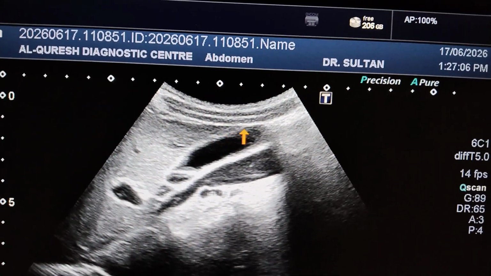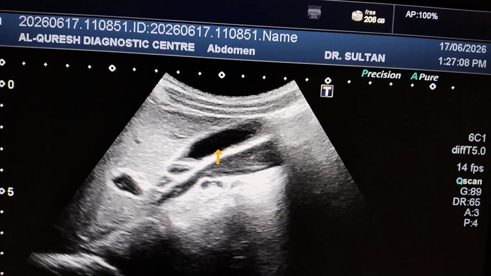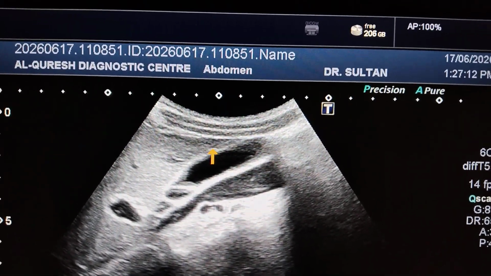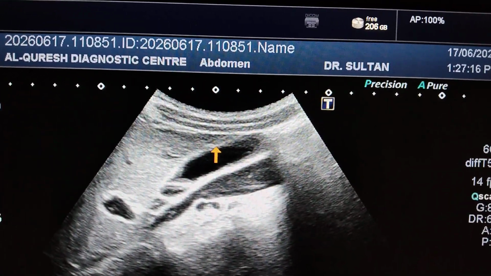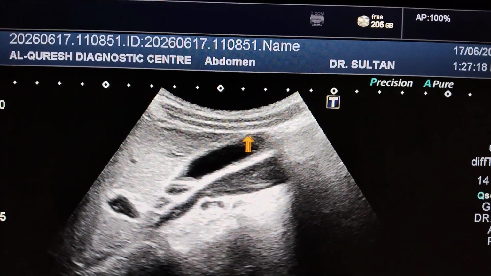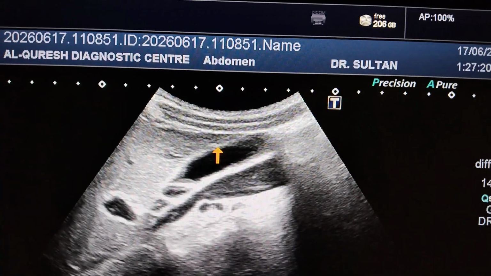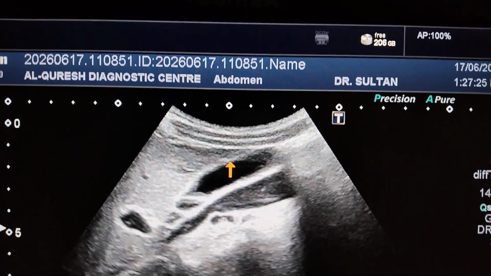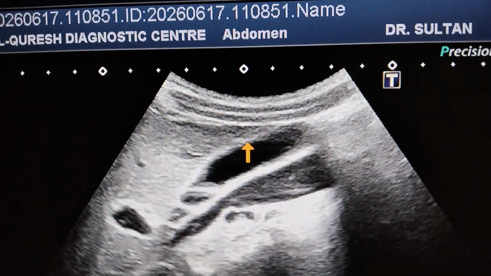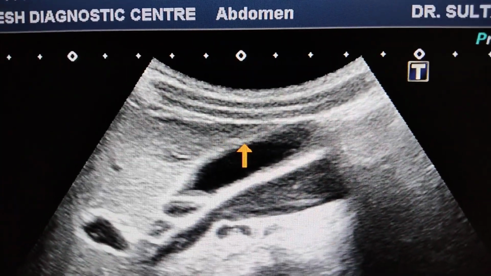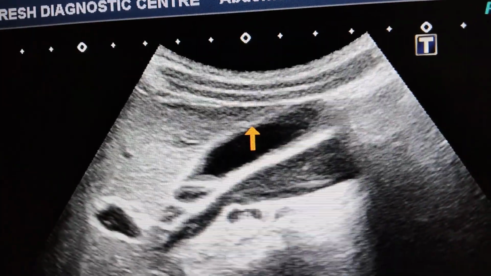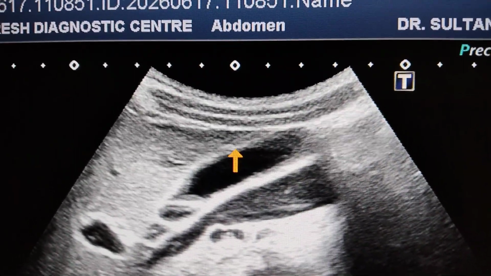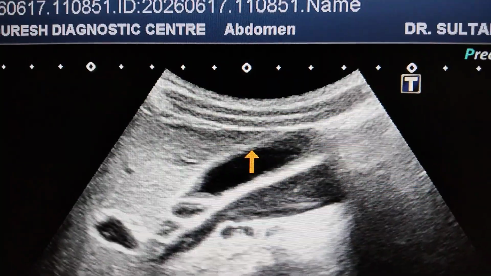And it has two walls. This is the anterior wall and this is the posterior wall. Always measure the thickness of the wall at its anterior side while zooming the image. This should be thin and smooth on both walls, and these should not be more than 3 millimeters.